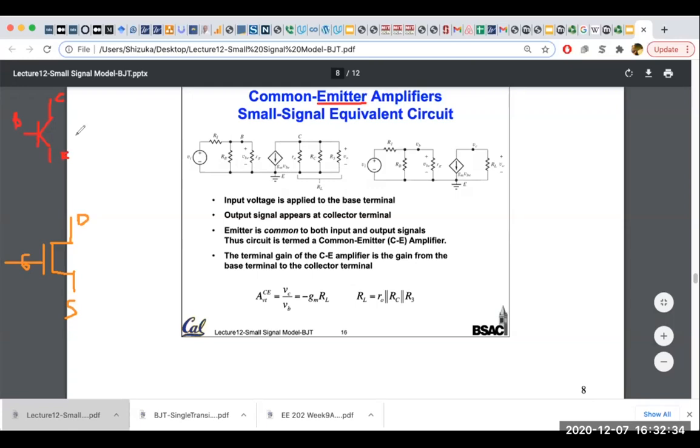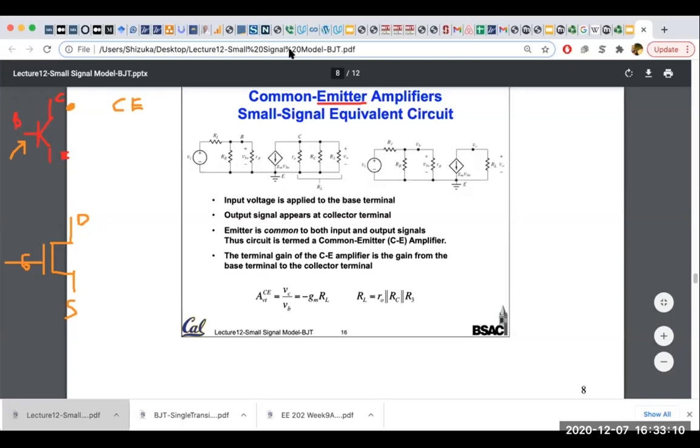As I mentioned a few slides ago, one of them is you apply an input signal and you look at the collector output. This is called common emitter. Whatever is common, you don't get signal at that port. You get the signal from the other one. So here we apply a signal at the base, and you get the output at the collector. So this is common emitter.